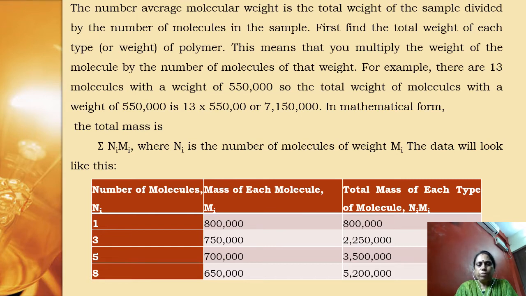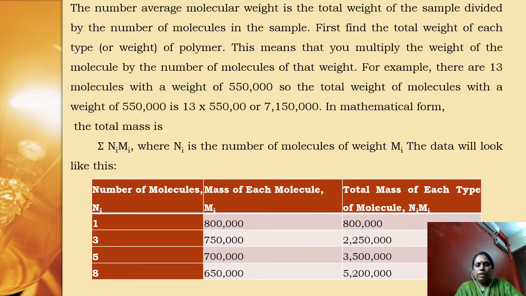Now see the tabular column here. First, the number of molecules Ni, let us consider 3. And the mass of each molecule is nearly 7,50,000. Okay. Now the total mass of each type comes to around 2 crores 2,50,000. So that is what is given here.